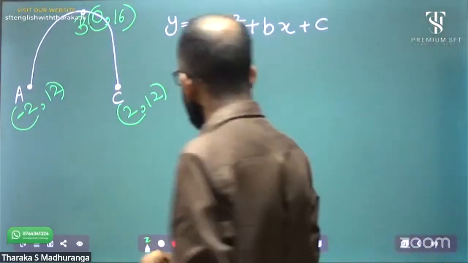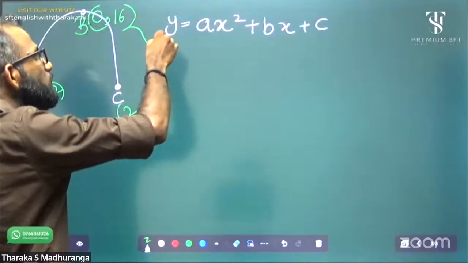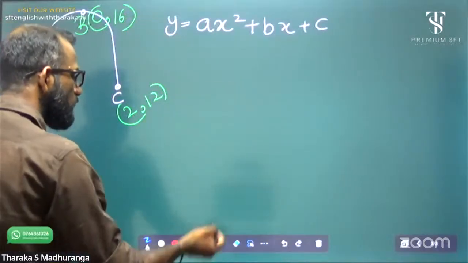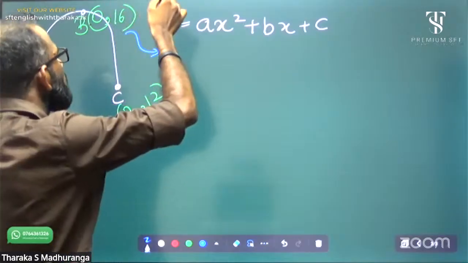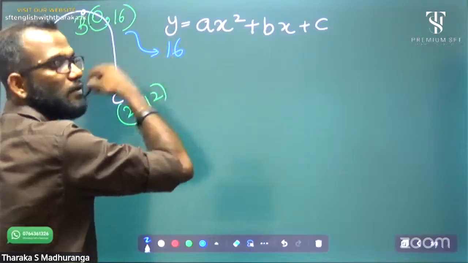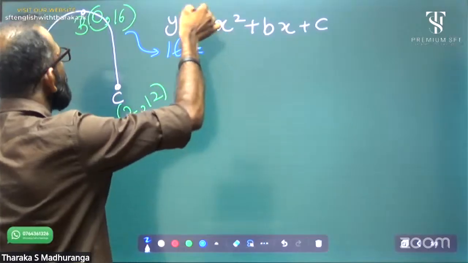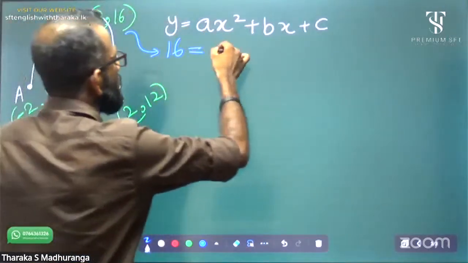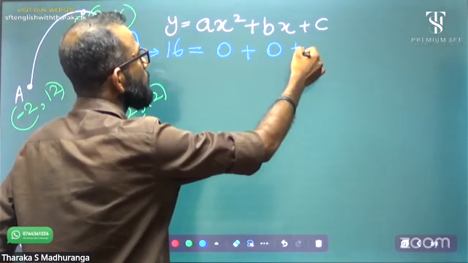Now, what is your first step? Just substitute these turning point coordinates into our common formula. On the B point, the y coordinate is 16, so 16 equals a times x coordinate 0 squared, plus b times 0, plus c.